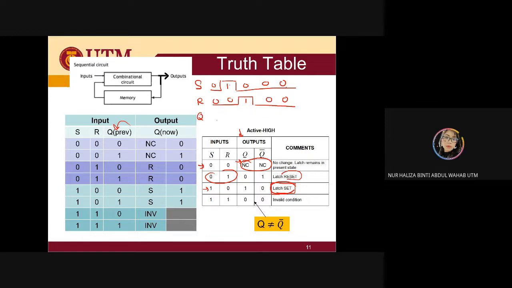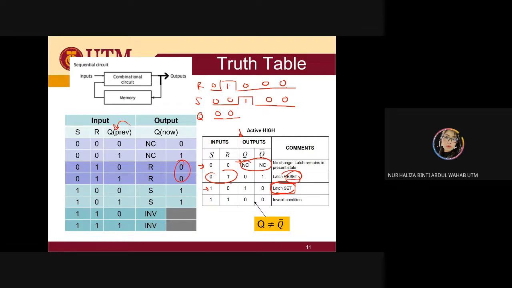Our Q remains starting from 0, and here I change it to be R and S. Now our R is 1 and our S is 0. It will reset, so it remains 0. Reset will be a 0.